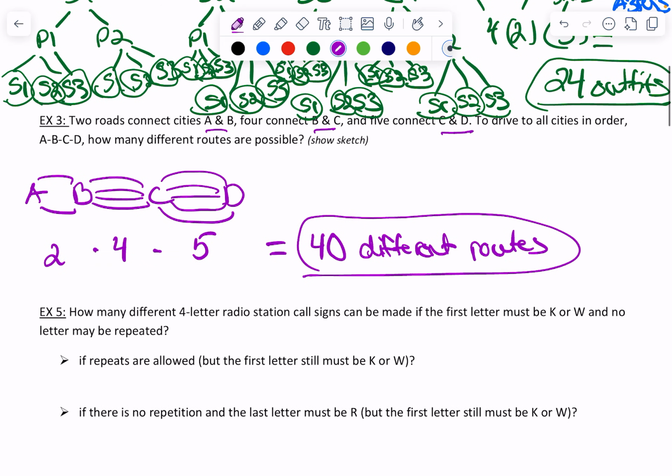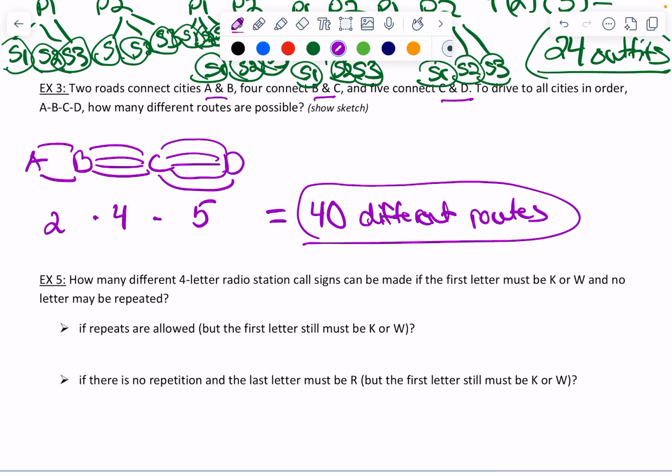Okay, next example. How many different 4-letter radio station call signs can be made if the first letter must be K or W and no letter may be repeated? If we think about K or W, we have 2 different options. After that, we have 26 letters in our alphabet, but we've taken one of them because no letter can be repeated.